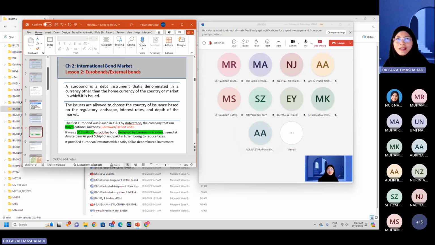Can you please give the illustration? What is the currency?